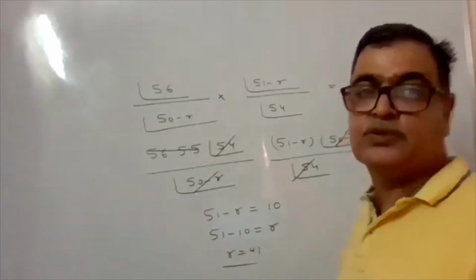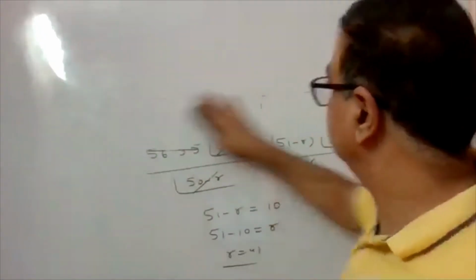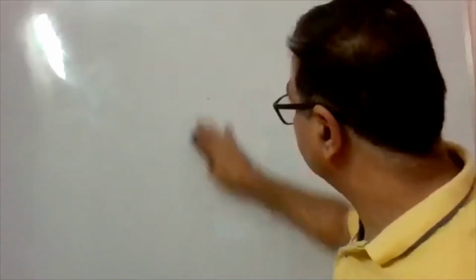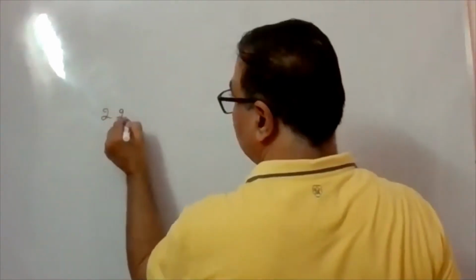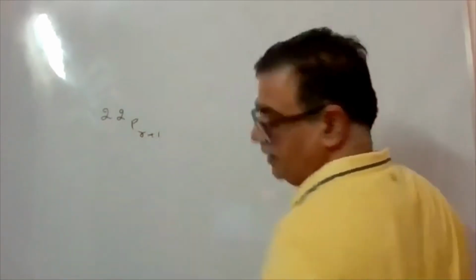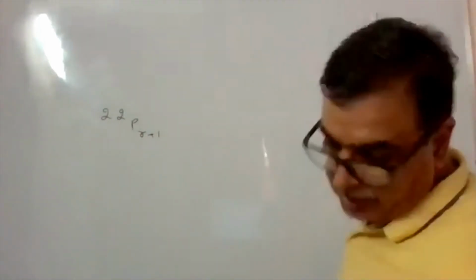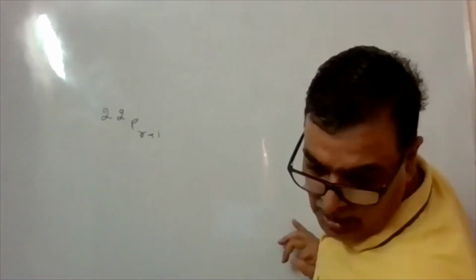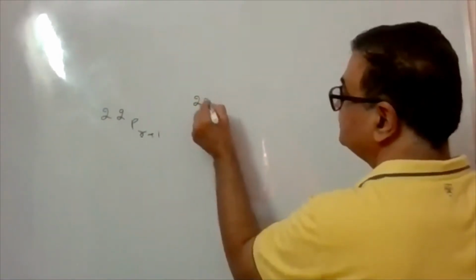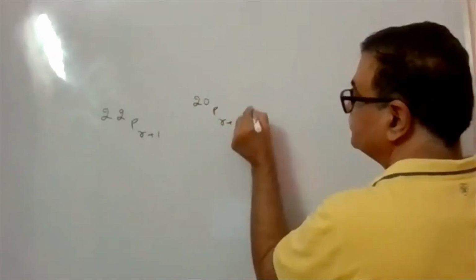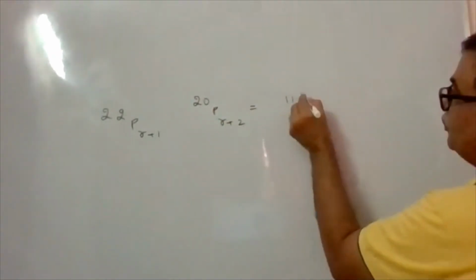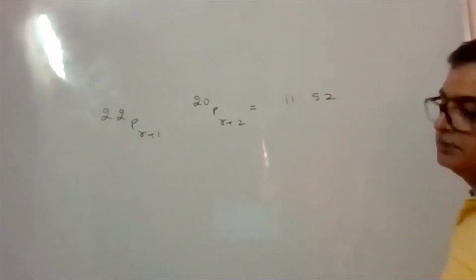22P R plus 1 ratio 20P R plus 2 is equal to 11 ratio 52.